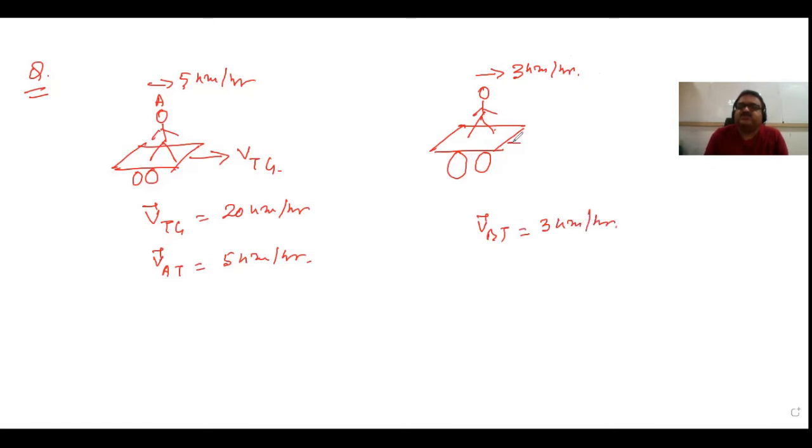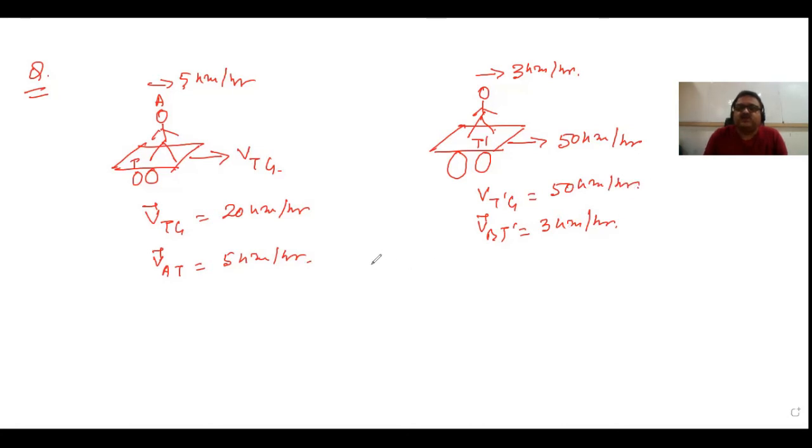And this trolley is moving with a speed of, say for example, 50 kilometers per hour with respect to ground. This is another trolley, so let's write down, this is T prime, this is T. So velocity of this trolley with respect to ground is supposed to be 50 kilometers per hour.